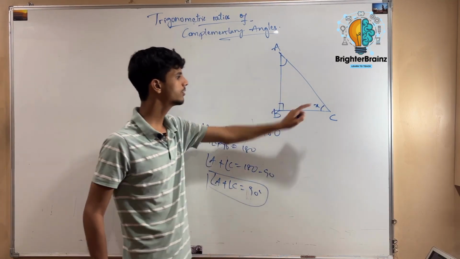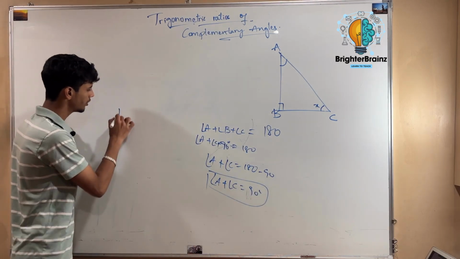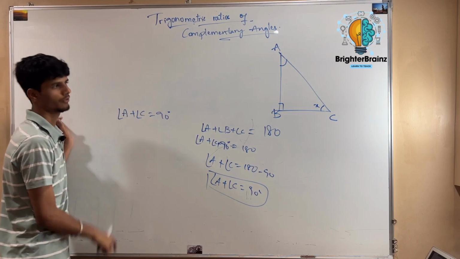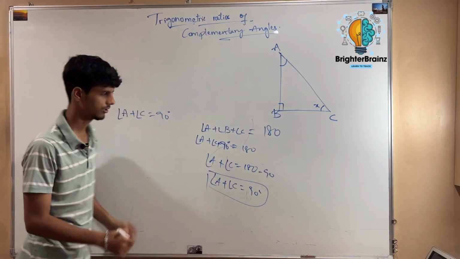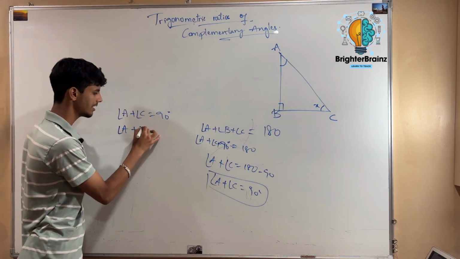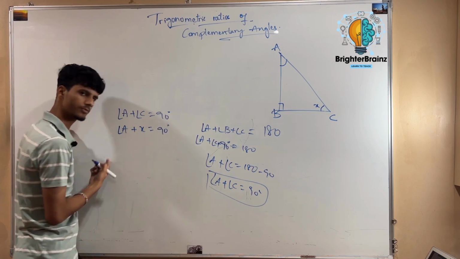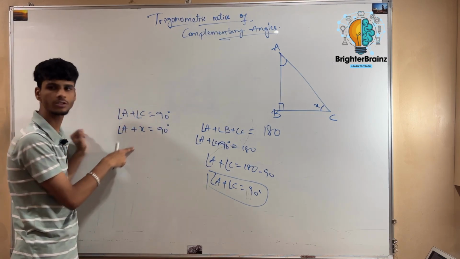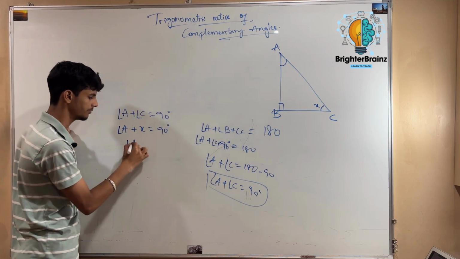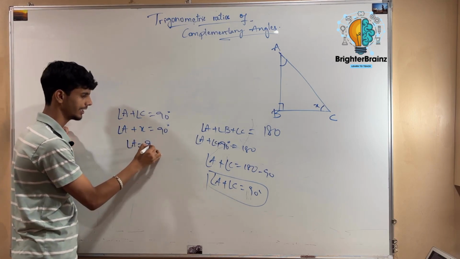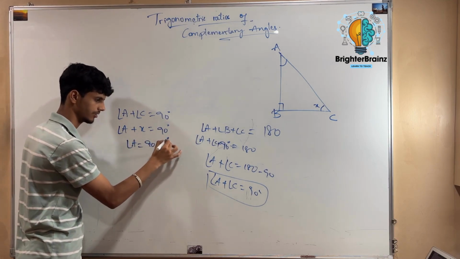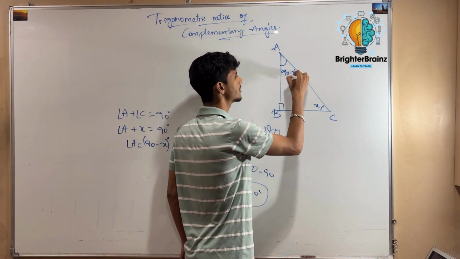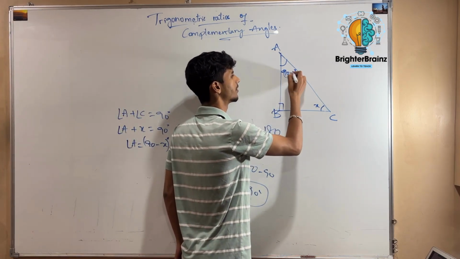Understood? Now tell me one thing. We know that angle A plus angle C is equal to 90 degrees. We assumed angle C as x, so substituting x in place of angle C, angle A becomes 90 minus x degrees.